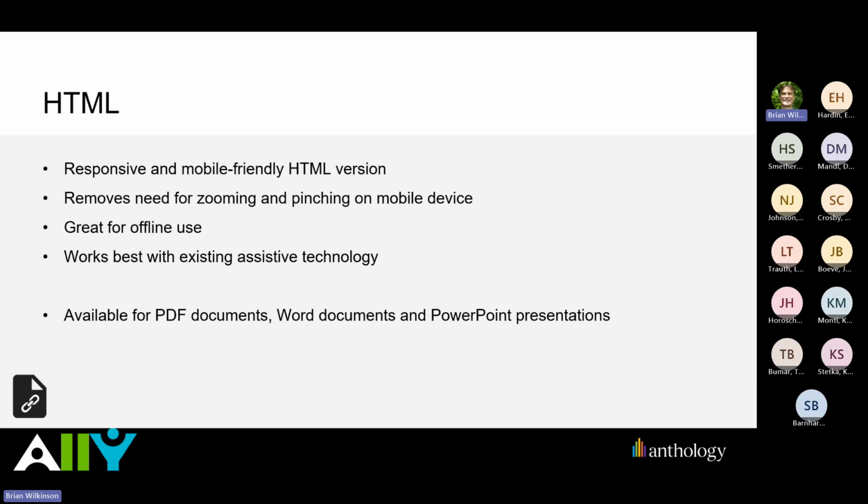So it's really going to eliminate a lot of pinching and zooming and scrolling left and right. You really only have to worry about scrolling up and down, which is much easier on the user. HTML works really well with things like screen readers. So for those students who use that sort of technology, HTML is a very popular format, and it's available for all the file types Ally supports except for HTML, since the document is already in HTML format anyway.